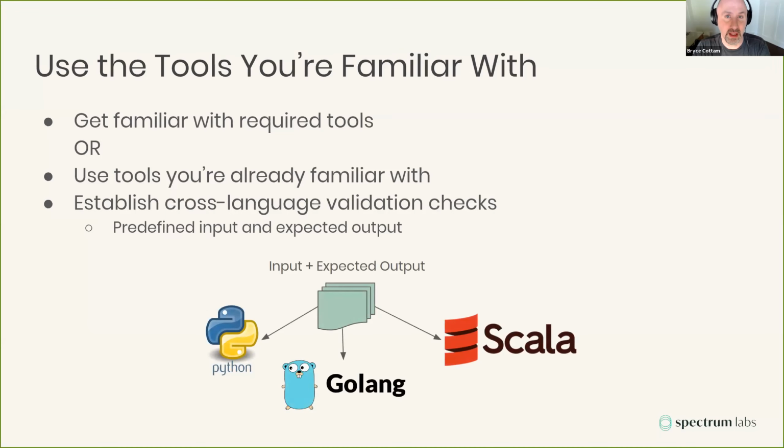So for instance, having a config that says, okay, if I give this input to the code in Python, I expect this output. And it turns out you're going to expect the same output in Go and Scala and, you know, .NET or whatever else you're using. This makes it really easy to automate checks.